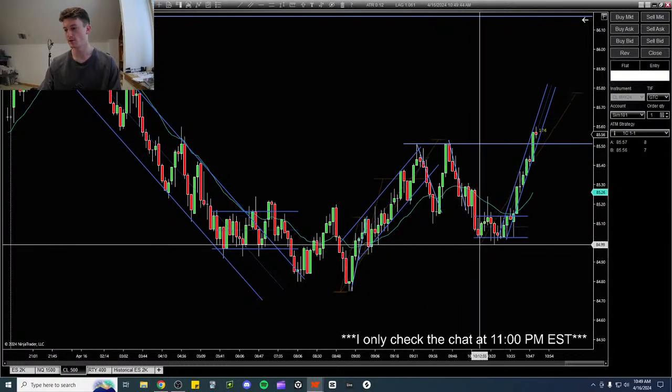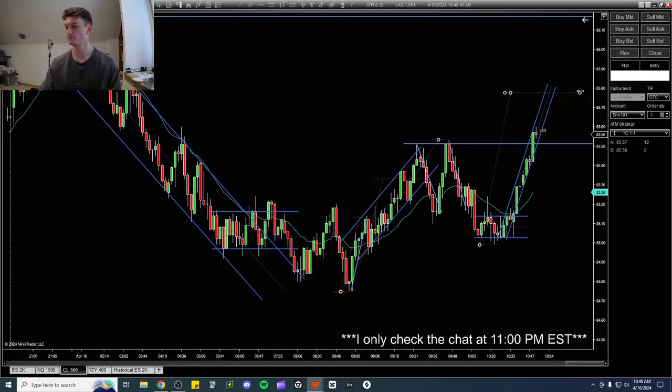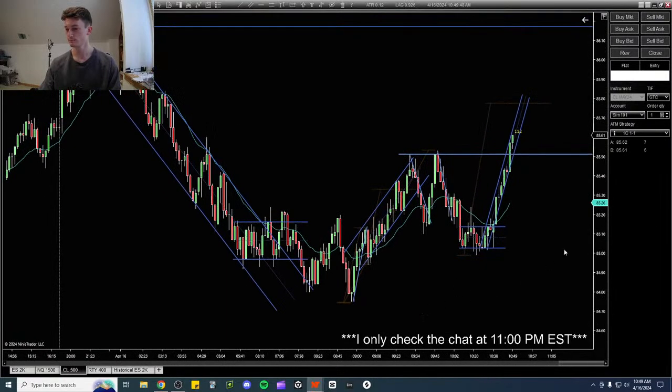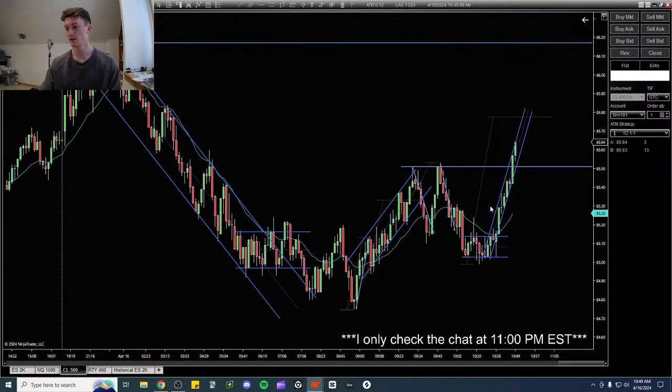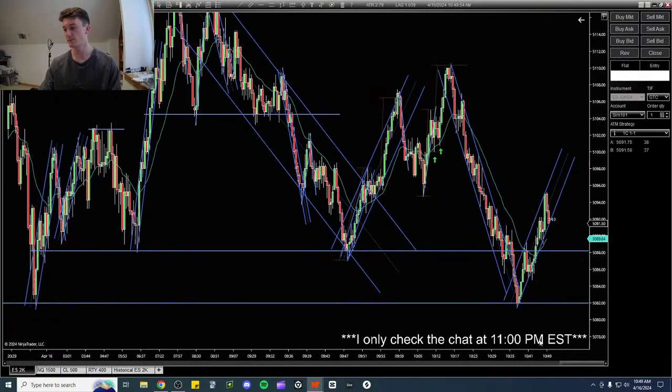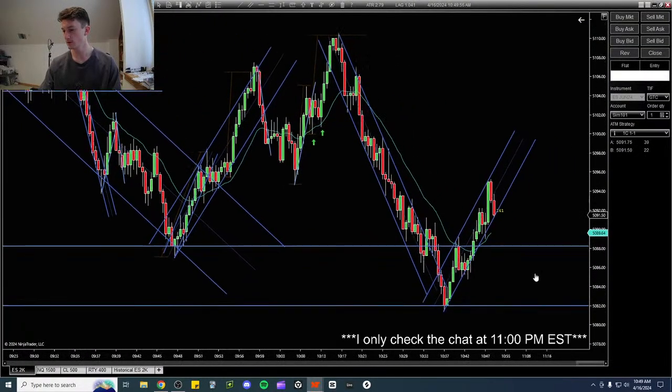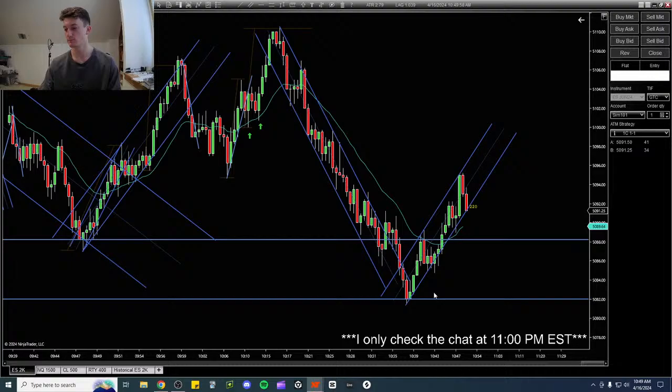Always like to look for possible measured moves. And yeah, moving up strongly there. So far it's the ES that I'd really like to look at for a second entry long or two legs back of some sort.